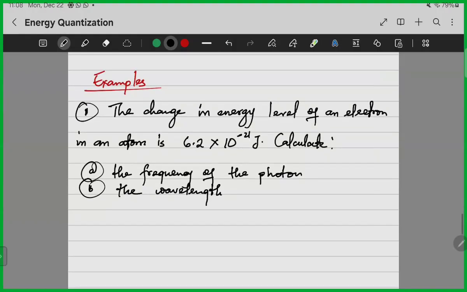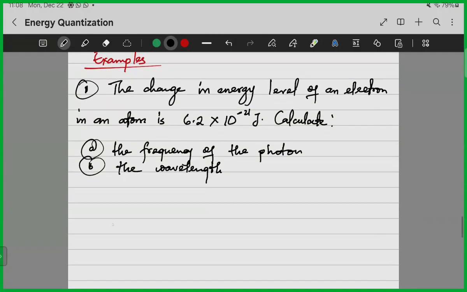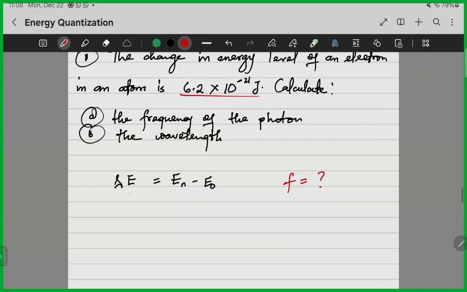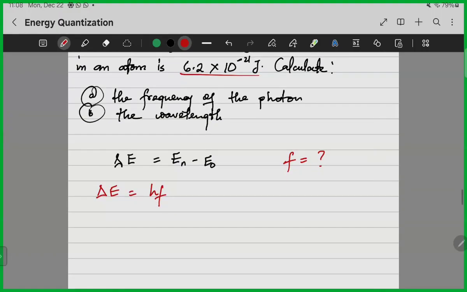So now they gave us the change in energy level. That is, they gave us change in E, which is like En minus E naught. They gave it to us already. And they're asking us to find frequency. We know that this change in E, we can write as HF. So change in E, which they have given us as 6.2 times 10 raised to minus 21, is equal to HF.